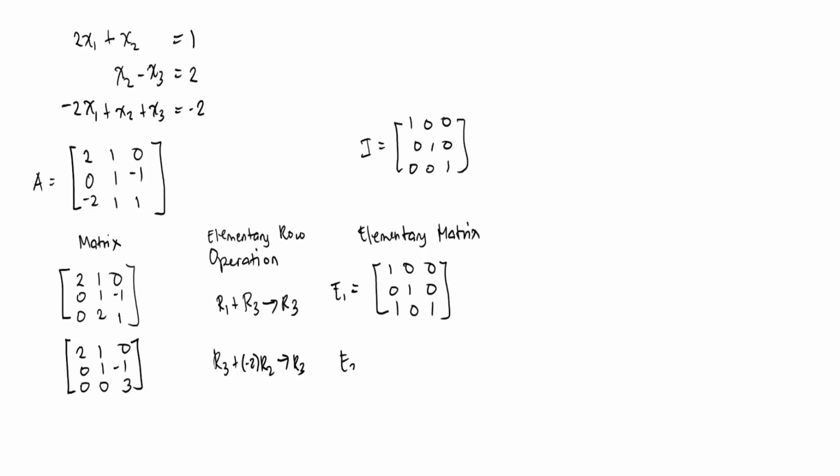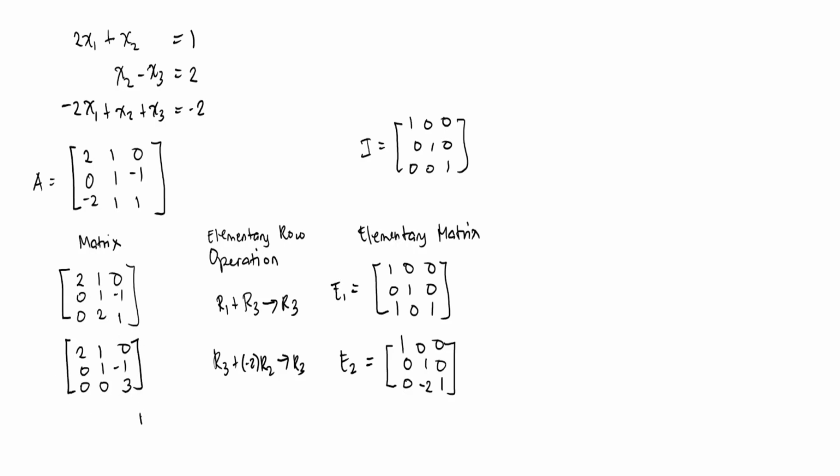For the corresponding elementary matrix, we apply this elementary row operation to the identity matrix: 1, 0, 0; 0, 1, 0; and 0, -2, 1. We call the result our U.